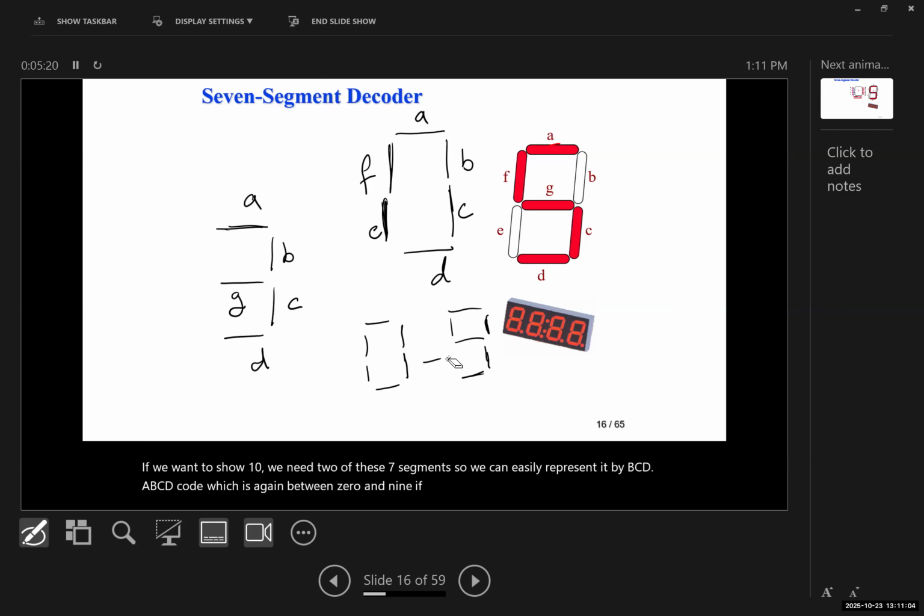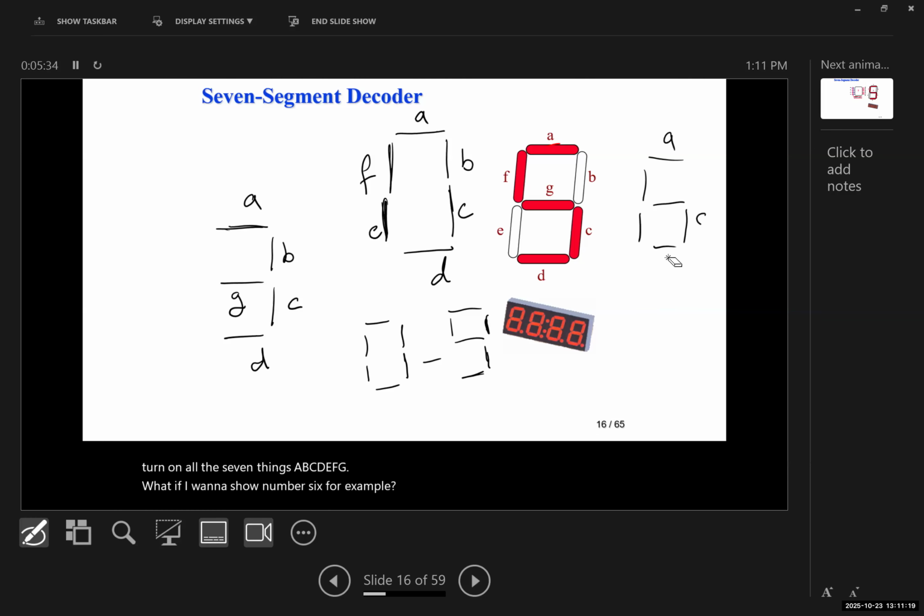If I want to show, for example, 8, I have to turn on all the 7 segments, A, B, C, D, E, F, G. What if I want to show number 6, for example? A, C, D, E, F, G gives me number 6.